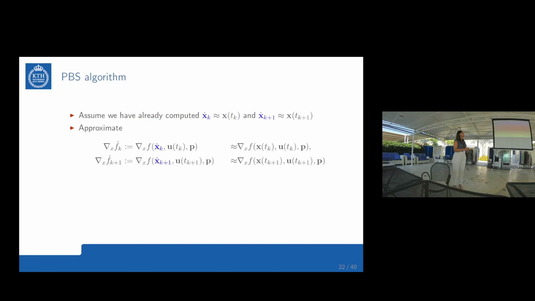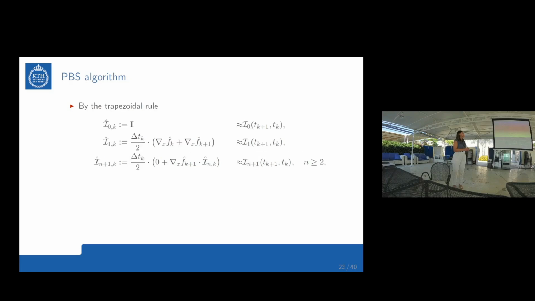Then we plug the approximated solutions into the expressions for the gradients to compute the approximations of the gradients, both in x and in p. And then we use these approximations of the gradients to approximate the summands of the series using a trapezoidal rule.